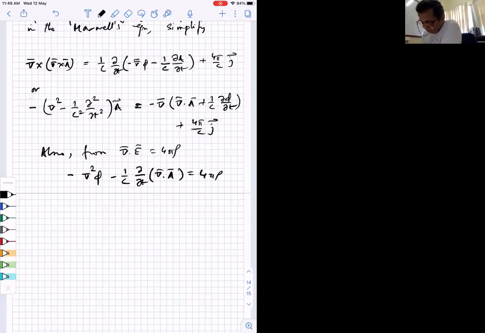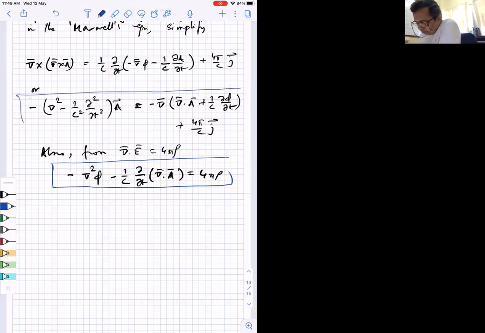So let me actually look at these two equations. One equation is this, the other equation is this. So till now, whatever we have done before. We have a pair of coupled second order differential equations in A and phi, right?